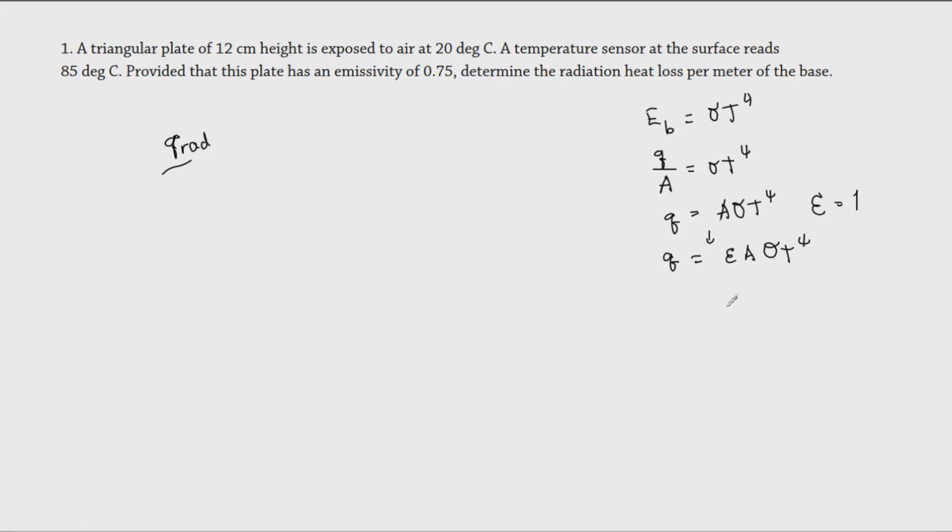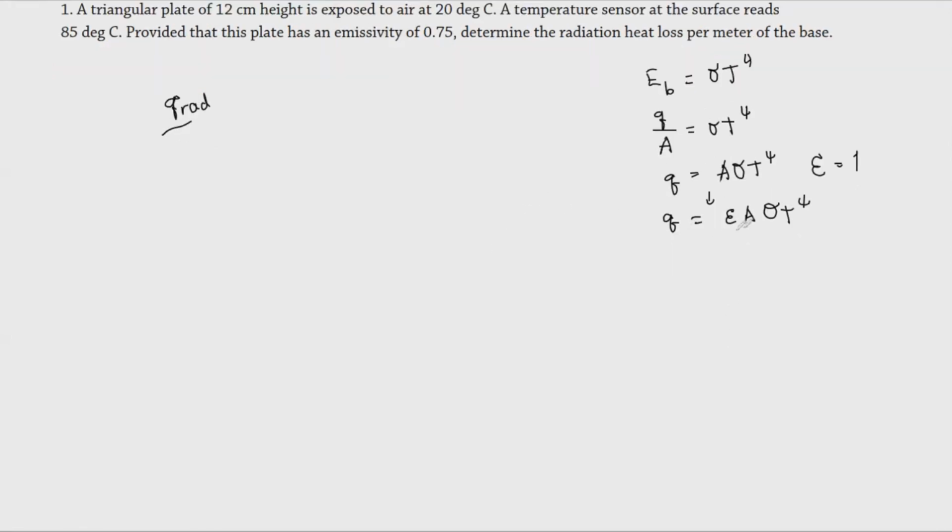Now, in cases where there is a difference in temperature, remember our Q net or Q12 usually is equal to the area 1 and then the emissivity, and let's just write the sigma notation for the constant first. We know that this emissivity would be dependent on the temperature, so we could say that it will be something like E1 and then E2 for the second temperature.